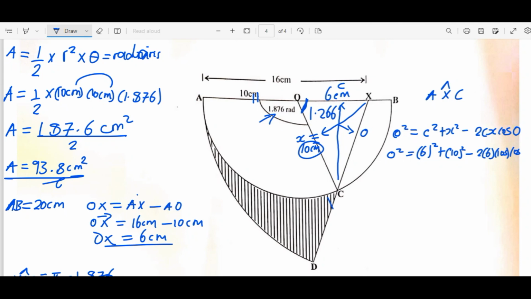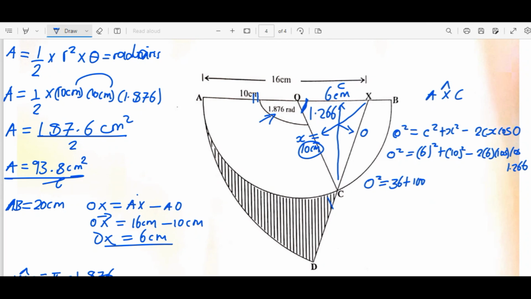What is our angle in radians? It is 1.266. So O squared is equal to 6 squared, which is 36, plus 100. Now I'm going to calculate 2 times 6 times 10, then times cos 1.266. Remember to make sure that your calculator is in radians.